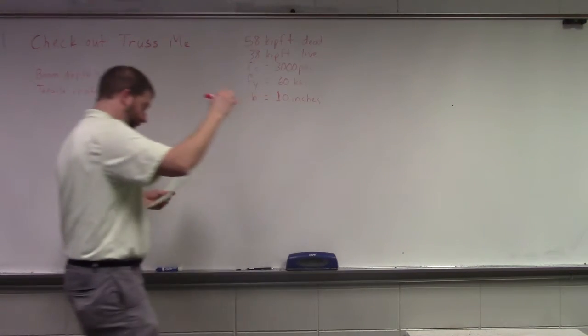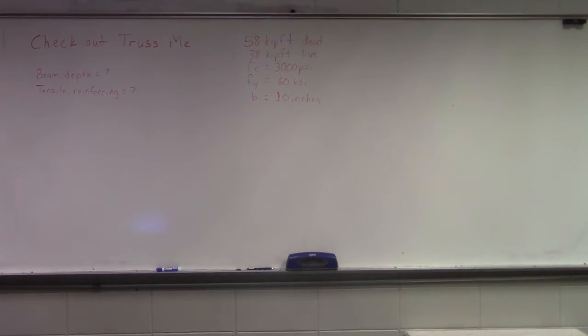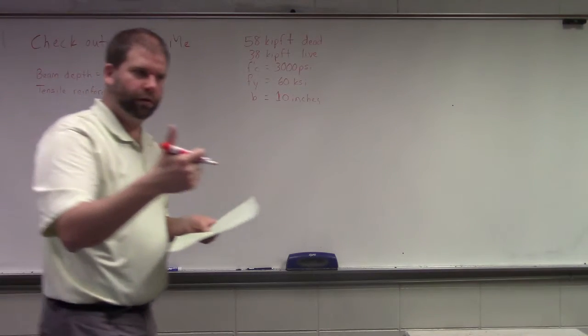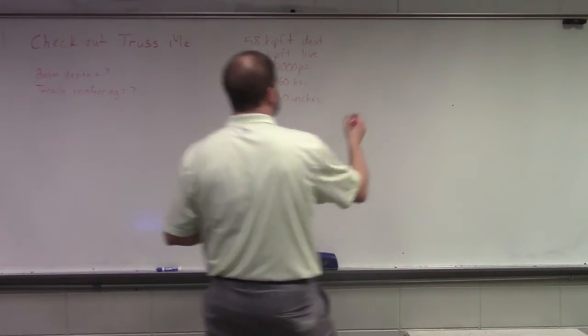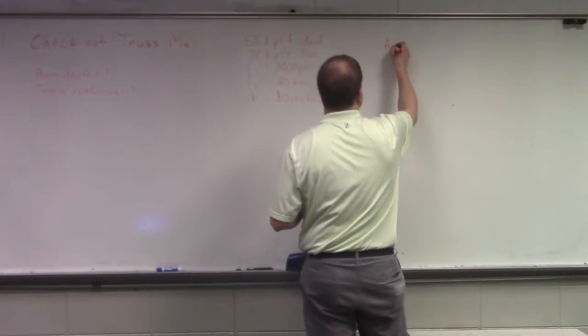Okay, and we left off with we determined little d, right? We figured out that we needed essentially 3.23 square inches of steel, and that our depth needed to be 12.8 inches.